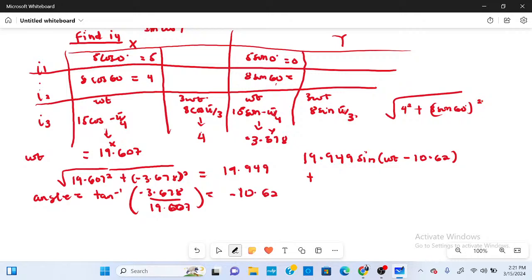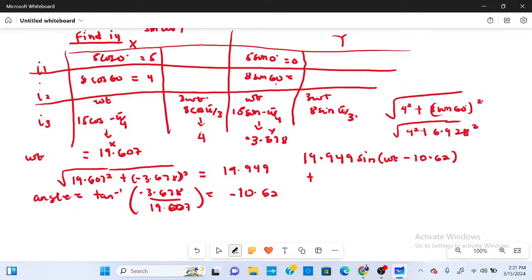So I'm getting something like 6.9 for this. So 4 squared plus 6.928 squared. So what am I getting for this side? I'll simply take the square root of 4 squared plus 6.928 squared.